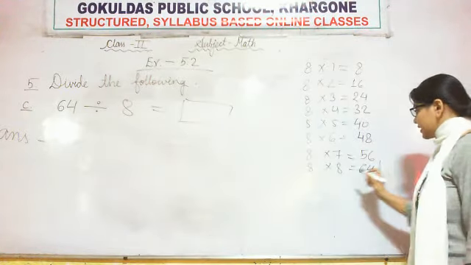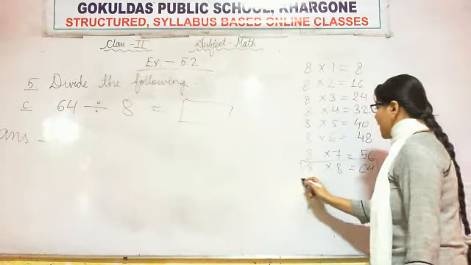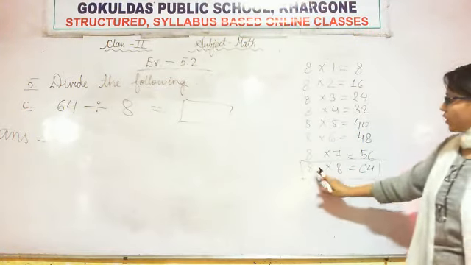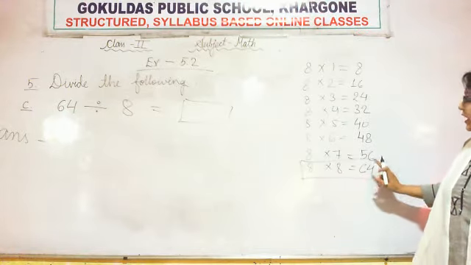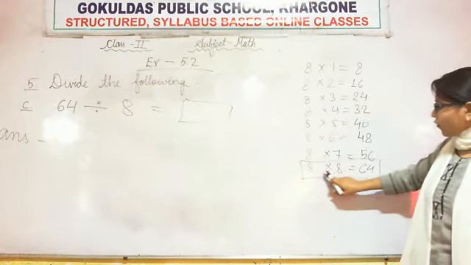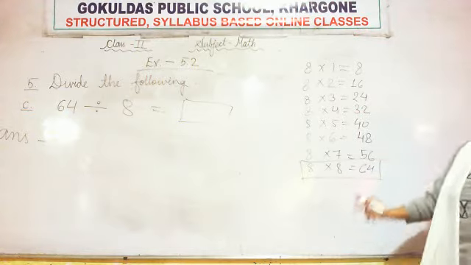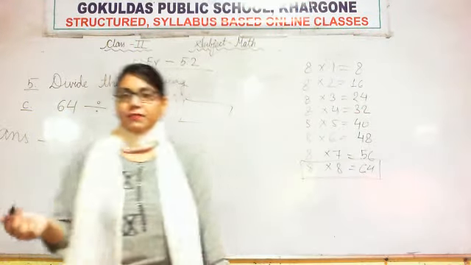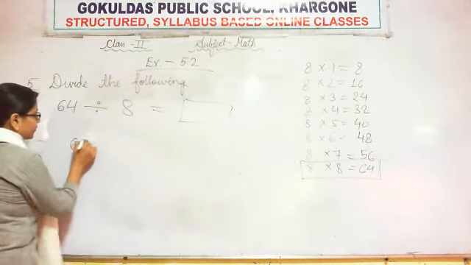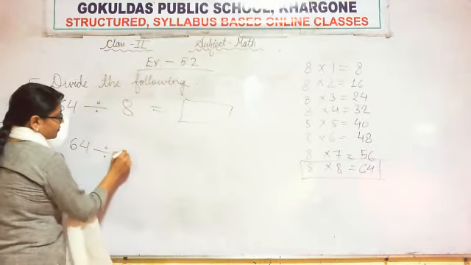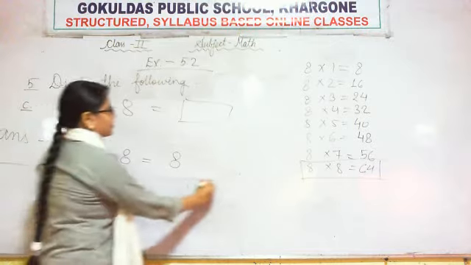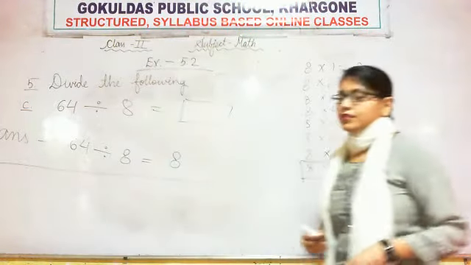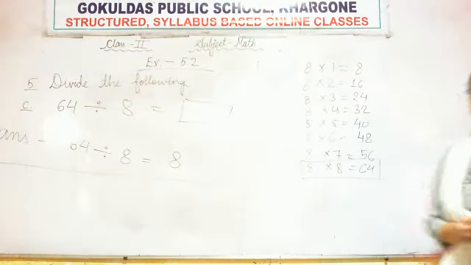We got number 64. So 8 multiplied by 8 is 64. If we multiply 8 into 8, we get 64. And if we divide 64 by 8, we will get 8. So 64 divided by 8 is equals to 8. So this is the answer. 8 is our answer. So note this down too, dear students.